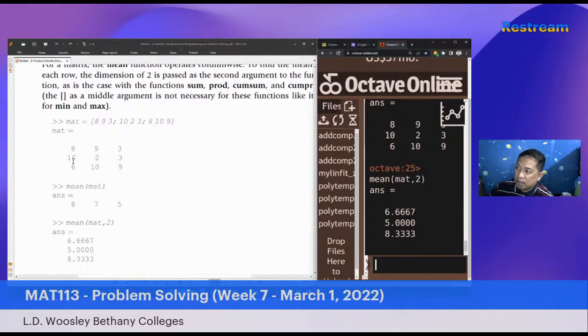So we have here 16 divided by 3. So corresponds to 11.